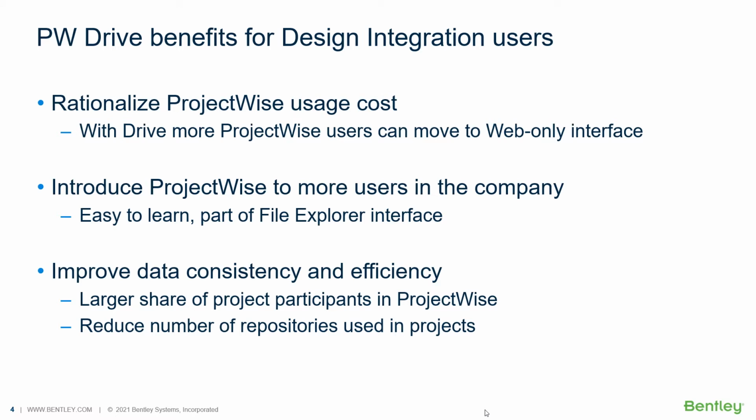By doing so, there will be less need of using multiple other repositories in the project. And with data being stored in one place, it will be easier for people to find the latest information. They will not need to make copies, so they will not be referring to data that is not up to date. And this will benefit overall project delivery consistency and efficiency.